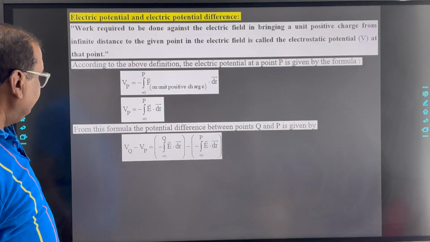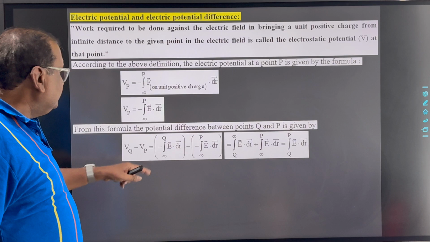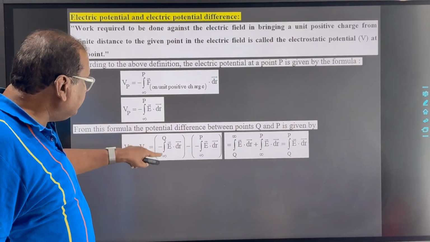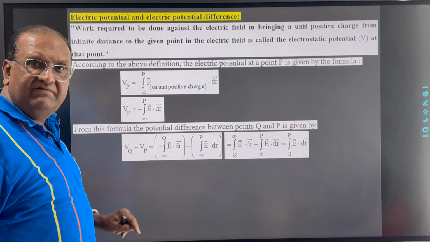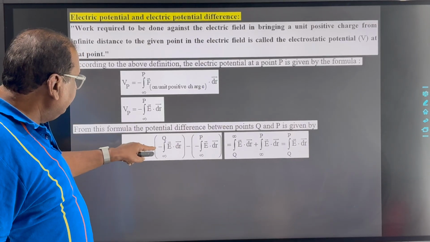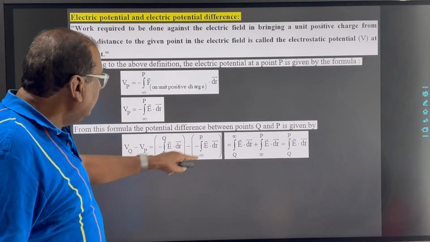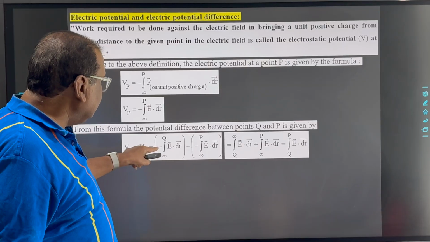Now see here, if we change the limit, then, as you studied in mathematics, the sign will be changed. So here integration infinity to Q, that we will take as Q to infinity with positive sign.